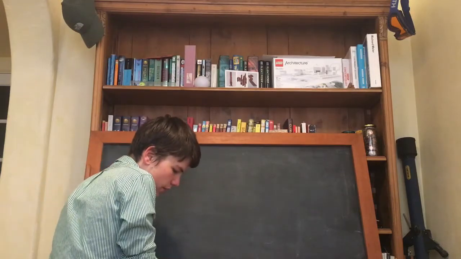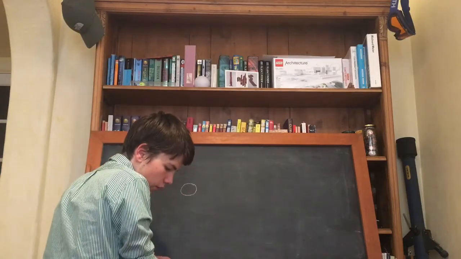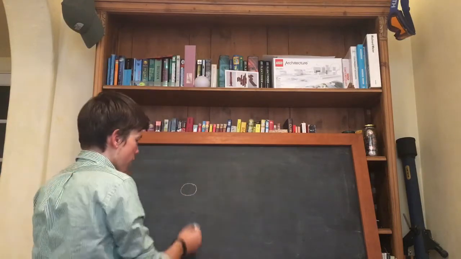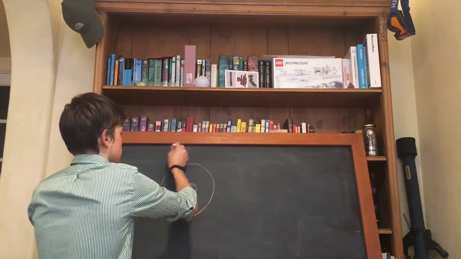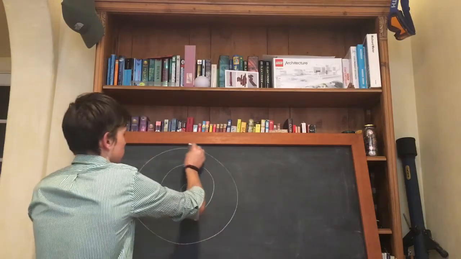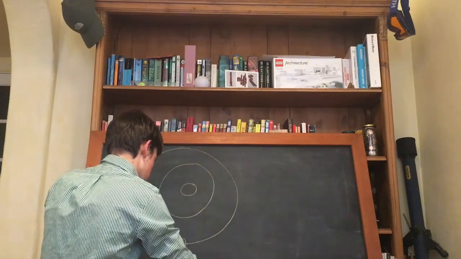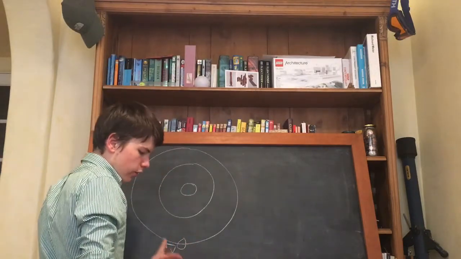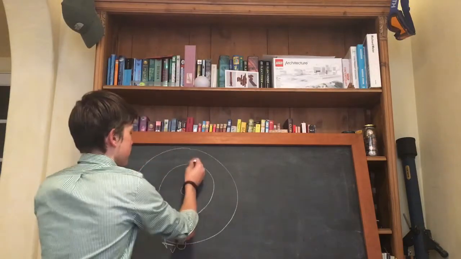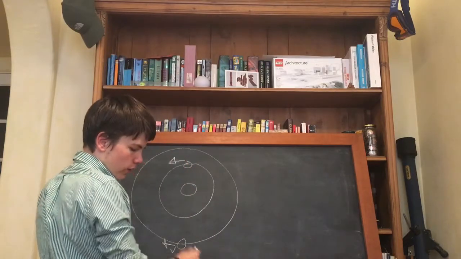For problem number 24, we have the center object, so a planet, and then we have two orbiting planets. This one with velocity 2 and mass 2, and then this one, velocity 1, mass 1.